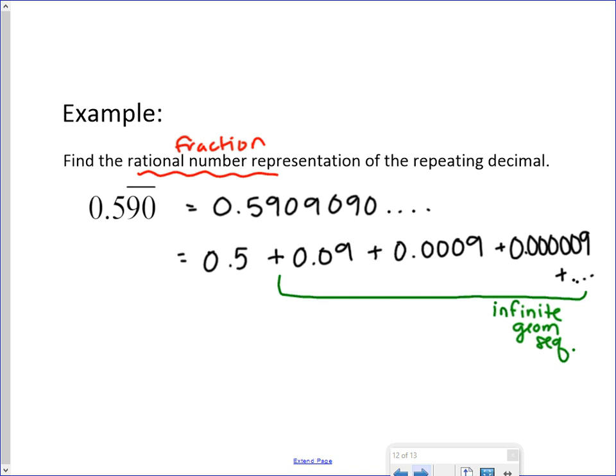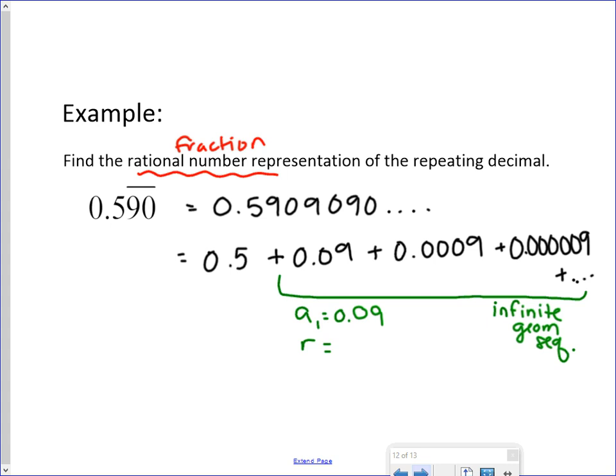What's the first term of that infinite geometric sequence? 0.09. What's the ratio? One over 100.